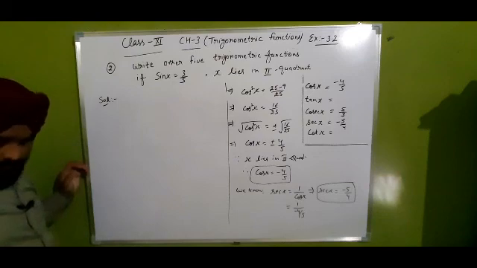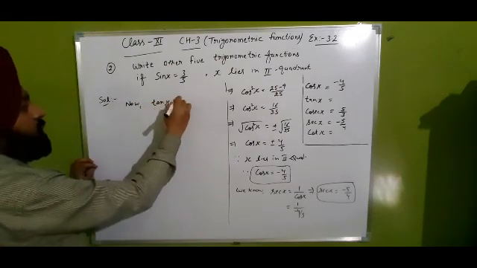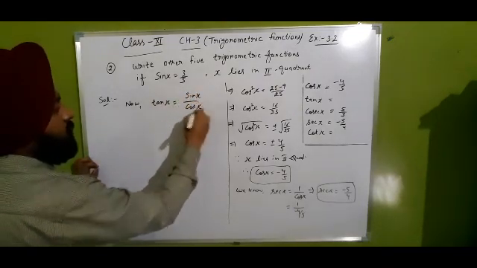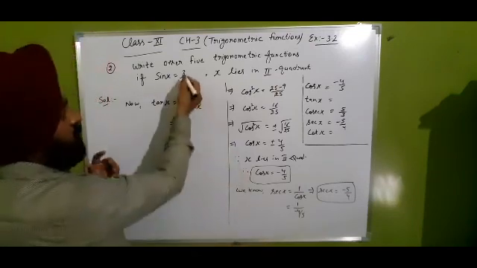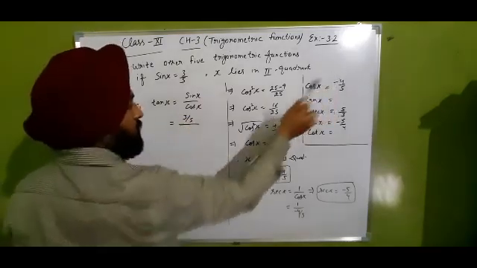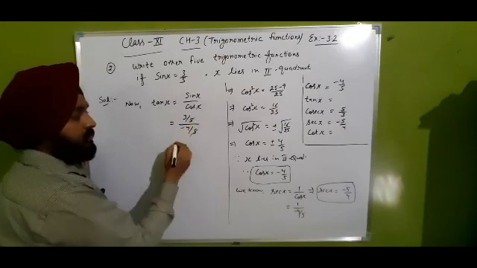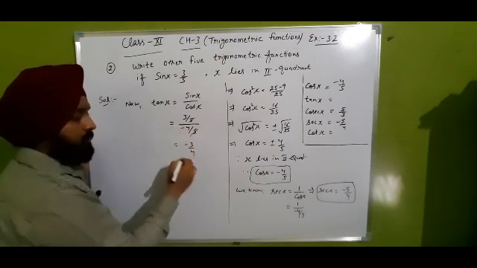Yes बच्चे? Now we know that tan x is equal to sin x upon cos x. What is the value of sin x there? Sin x is already given, that is 3 upon 5, and cos x we have calculated as minus 4 upon 5. So we can cancel the denominator with the denominator. What is left? Negative 4 will become, there, negative 3 by 4.